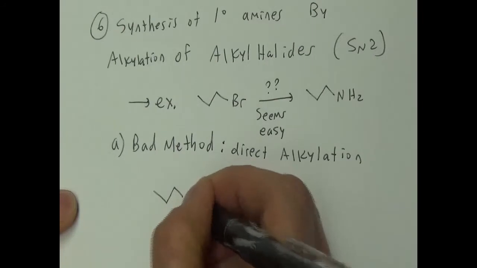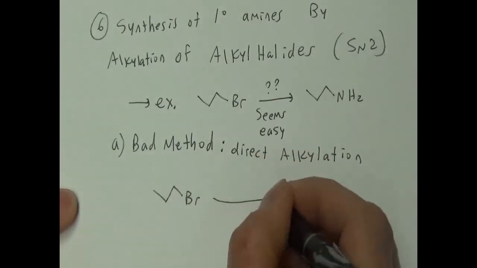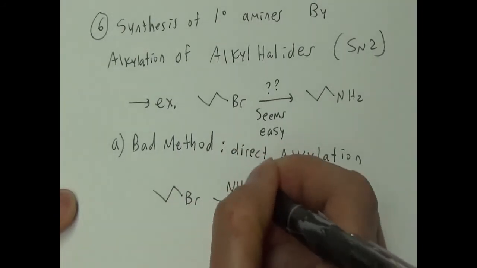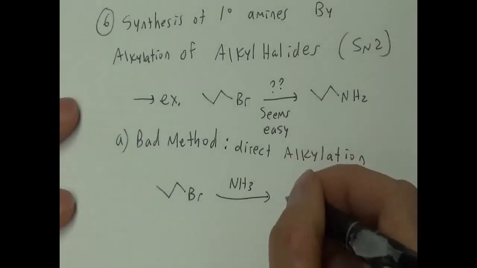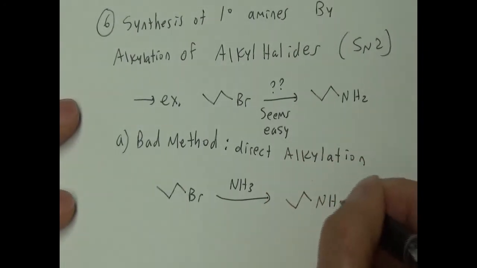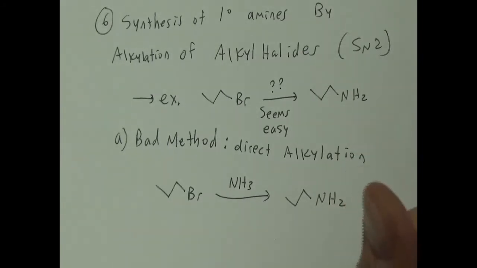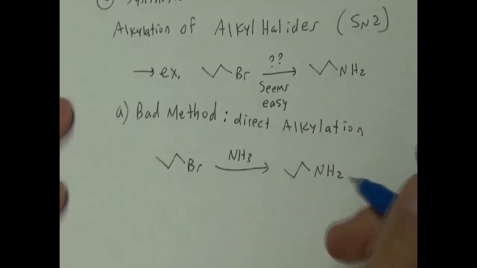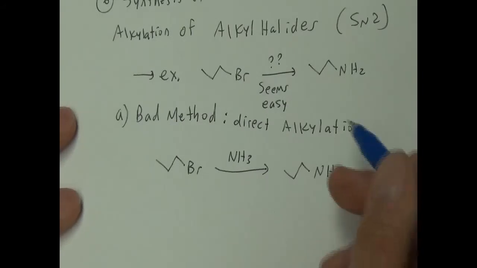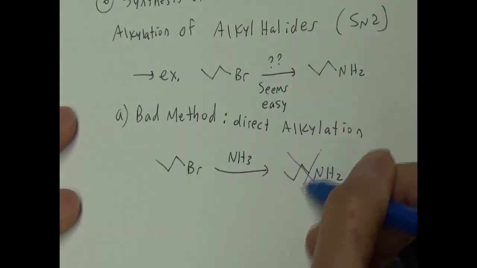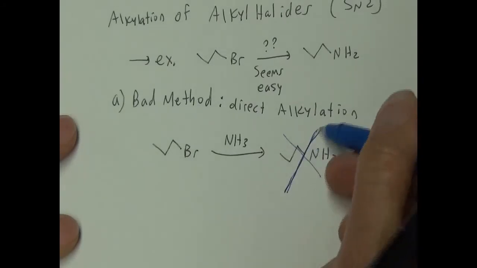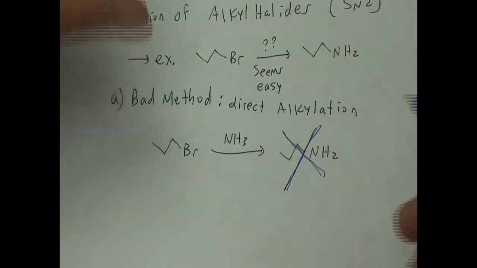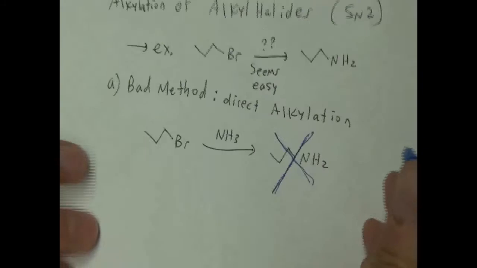All right, so the bad method. Let's take a bromide and just hit it with NH3, ammonia. So that actually will make the product. The mechanism is actually really easy too. The problem is that it makes it, but then it keeps going. So your end product is not that.